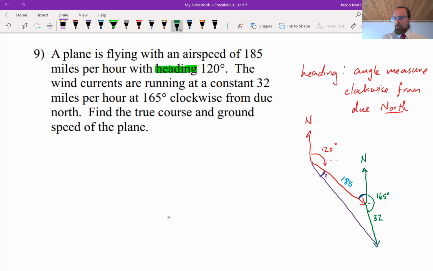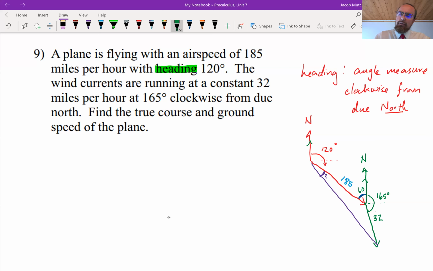So what I'll do here is use the idea of parallel lines. Those two north directions are parallel, cut by a transversal, that red transversal. These angles, the 120 and the one we're looking for, should be supplementary. They should add to 180. So 120 taken away from 180 is going to give me a measure of 60.